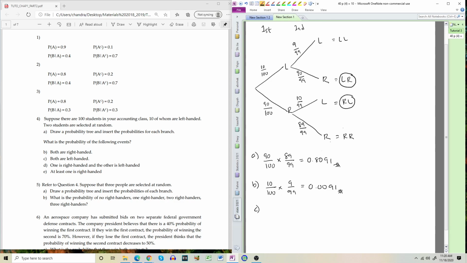So the first one would be 10 over 100 times, because I told you, if it follows the same branch, you have to multiply. So right here, and the other one is this one.